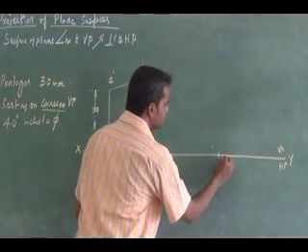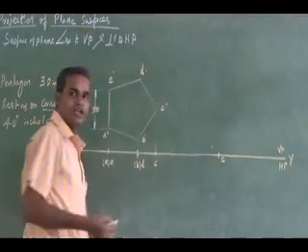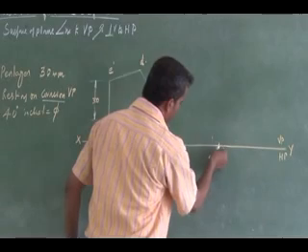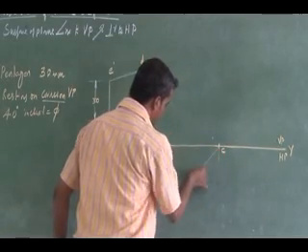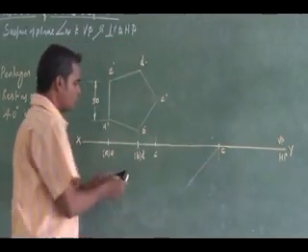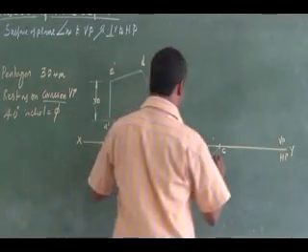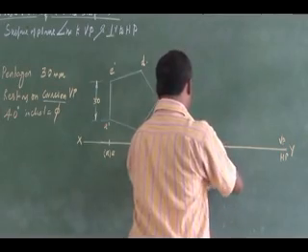Since it is inclined 40 degrees, I can tilt it to 40 degrees. So this is 40 degrees; you have to measure this and reproduce it. What is this distance? I have to transfer this.